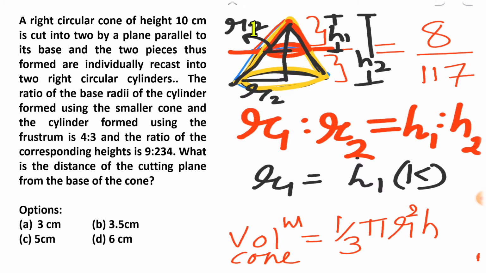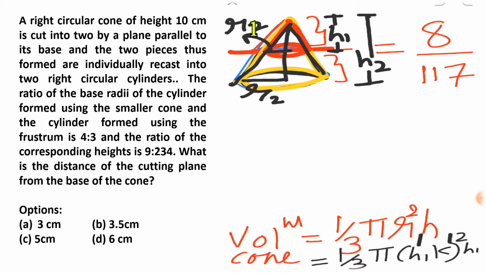Here, the volume of the smaller cone will be 1/3 pi R1 squared H1. This will be my answer. So if I substitute the value of R1 with KH1, I can write it as 1/3 pi (H1 K) squared into H1. Right? This is so clear.